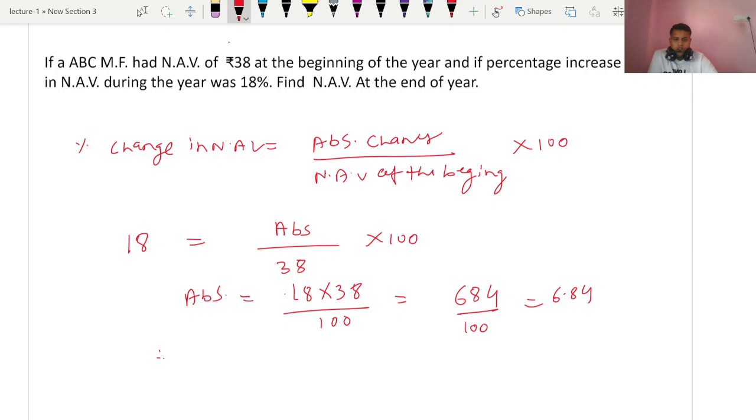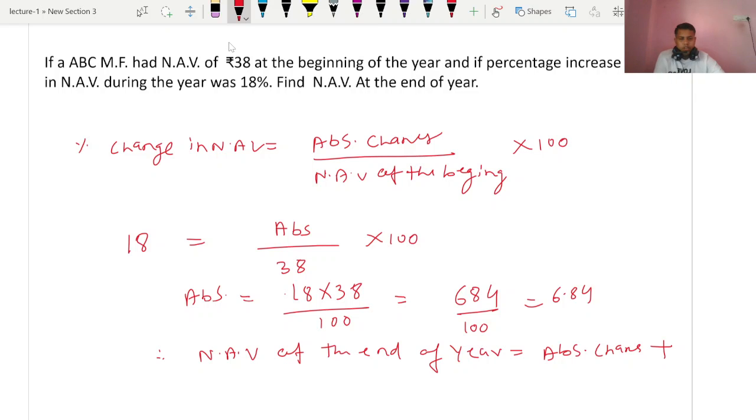Therefore, net asset value at the end of year is equal to absolute change plus net asset value at beginning. So absolute change is 6.84 plus net asset value at the beginning of the year is 38. So this is 44.84. Okay.